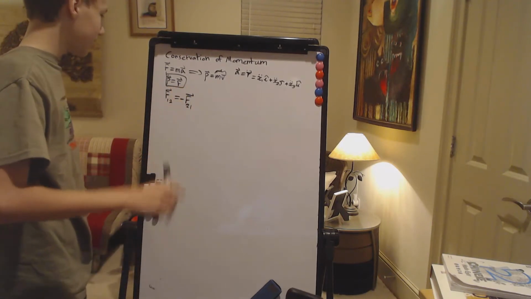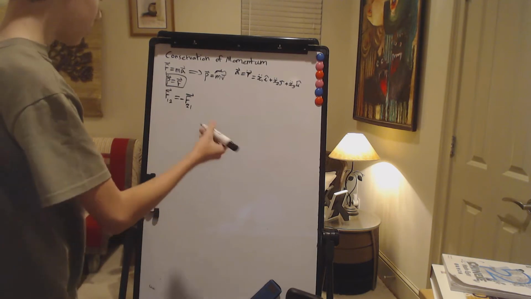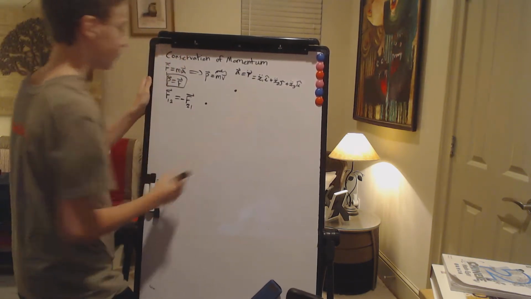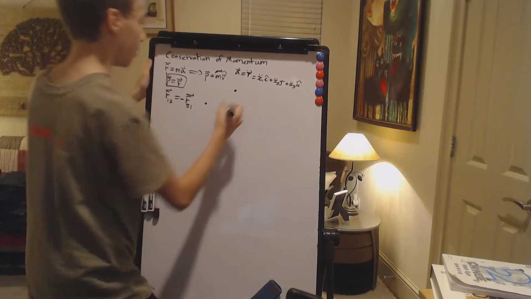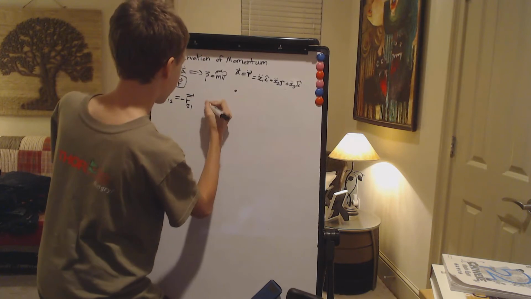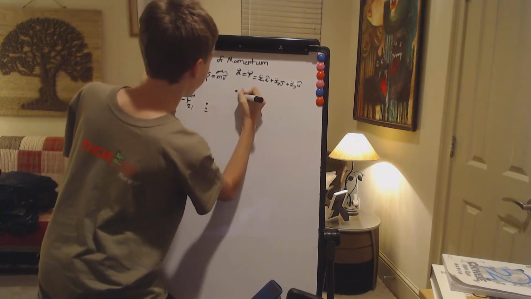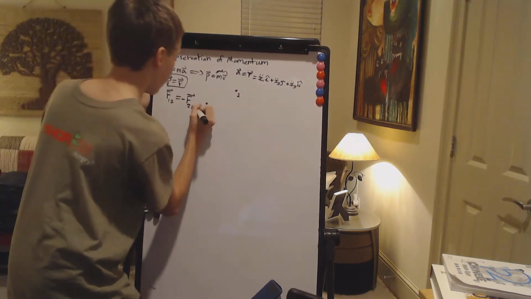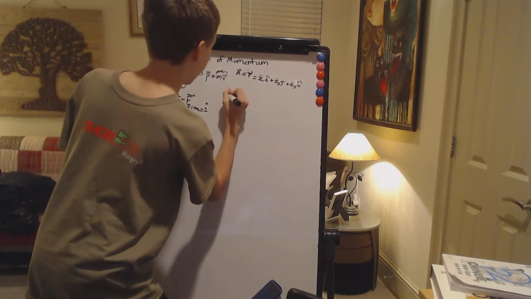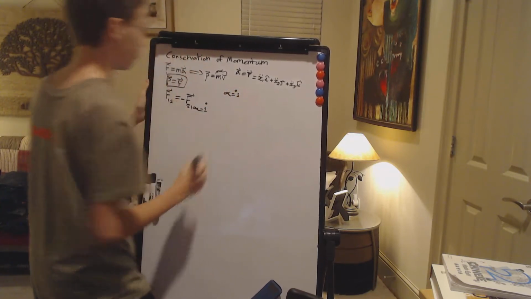So let's get started on the real stuff. Consider these two point particles, let's call them particle 1 and particle 2, and we'll usually denote these as alpha equals 1 and alpha equals 2.